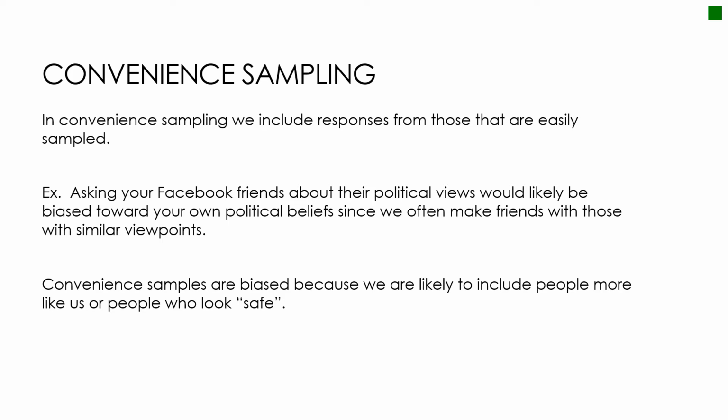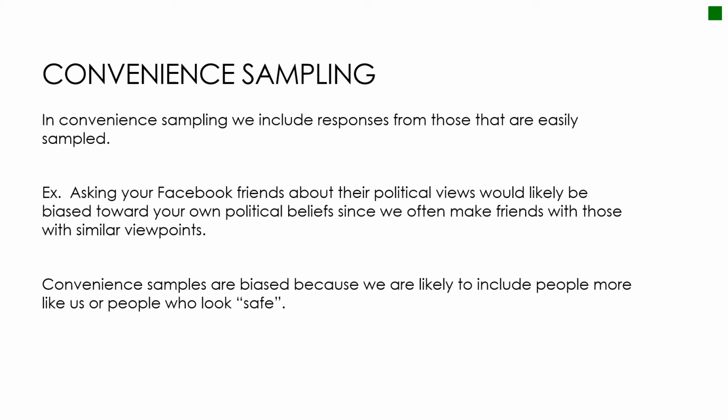Convenience sampling. In convenience sampling, we include responses from anybody that I can easily include responses from. But this is not a good idea because we're likely to include people who are more like us, or people who look safe, or just people in general who don't really represent the population.